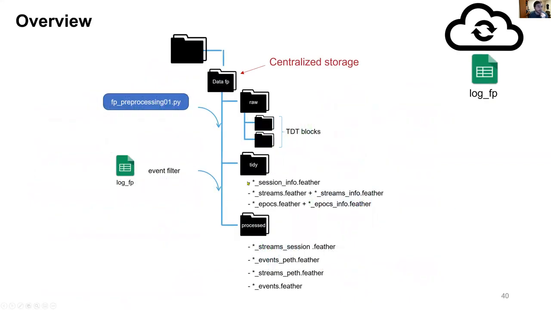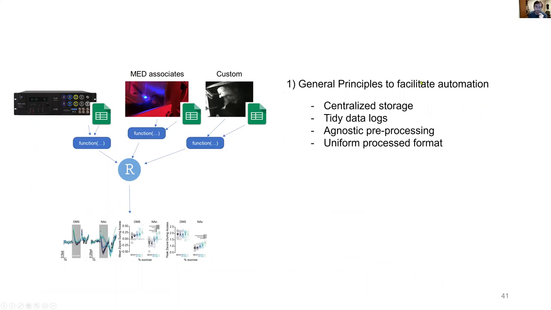As a very quick overview, I think I'm a little bit ahead of time, which is always good. The general principles that I outlined are centralized storage, using tidy data logs to log the data located in that centralized storage and control your functions. Then the use of agnostic pre-processing, which is pre-processing independent of your experimental or recording design.